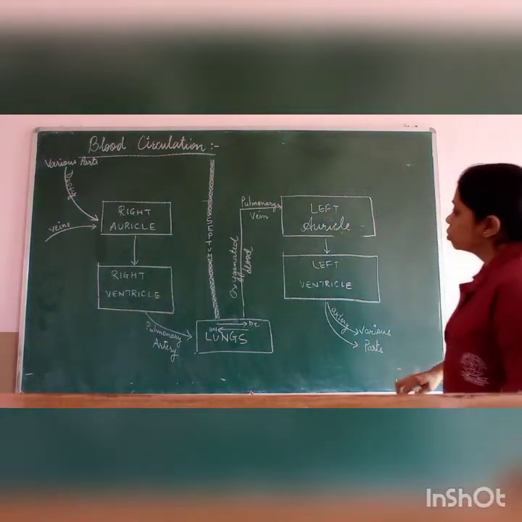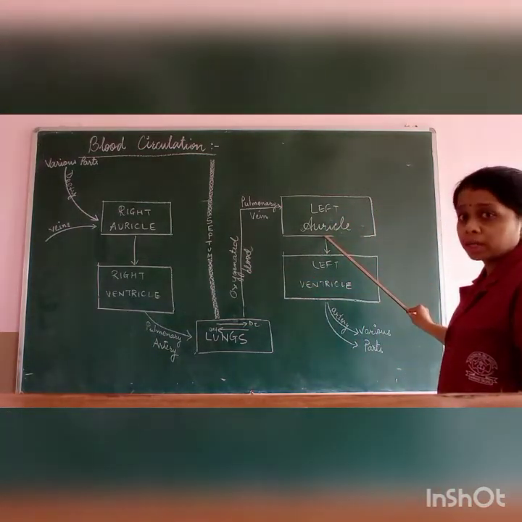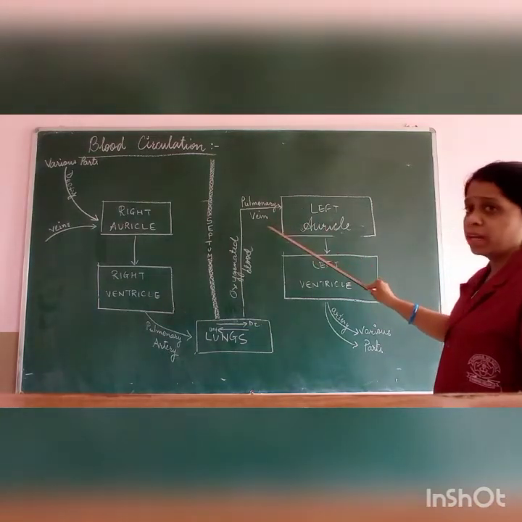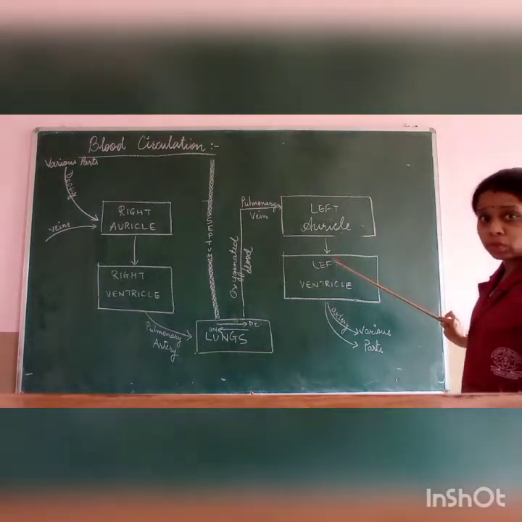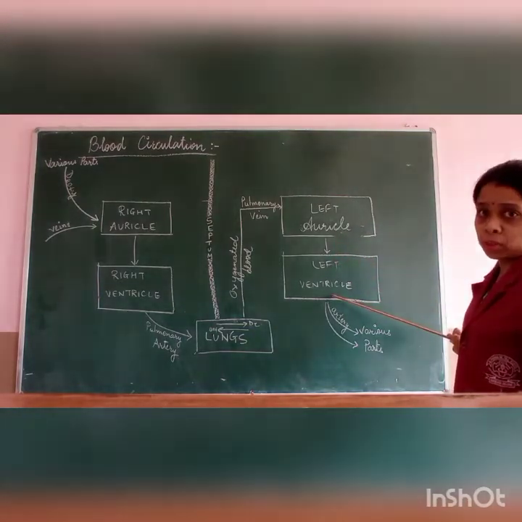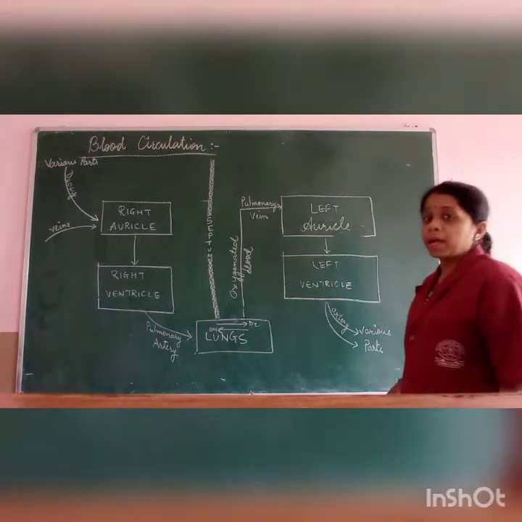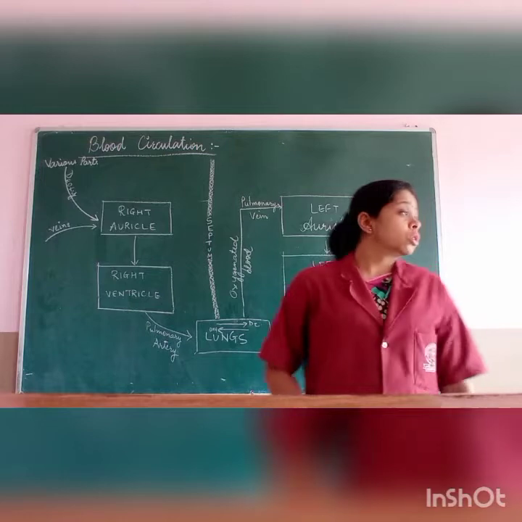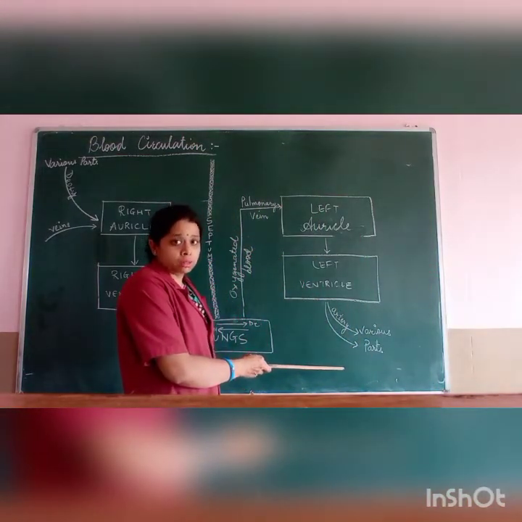So now the oxygenated blood will be sent into the left auricle through the pulmonary vein, and from the left auricle the blood that is oxygenated, now in pure form, will go into the left ventricle. From the left ventricle the blood will pass through the artery to the parts of the body.